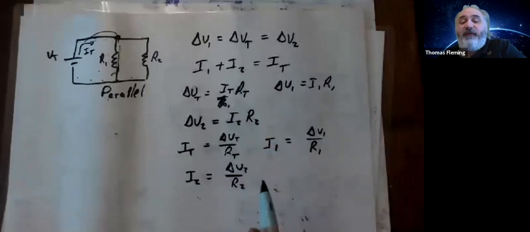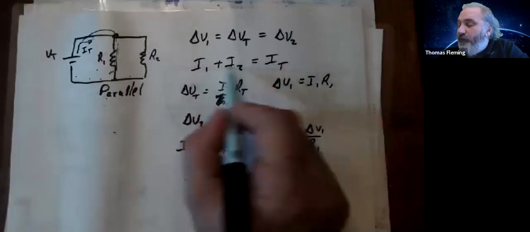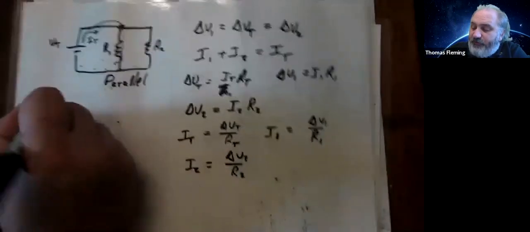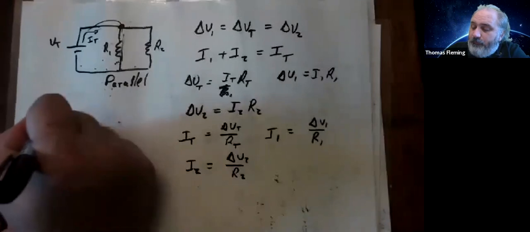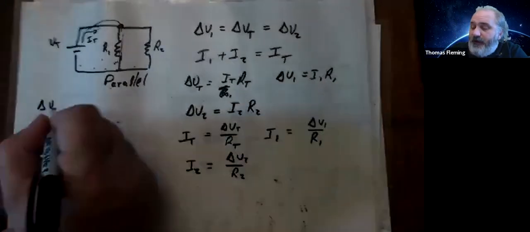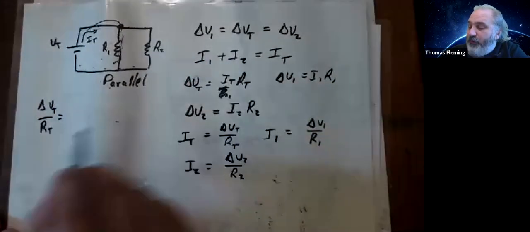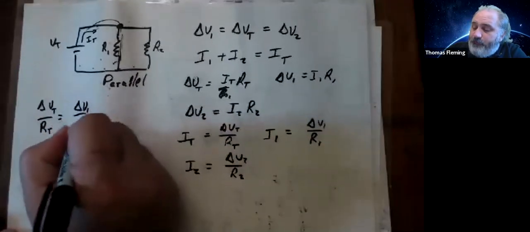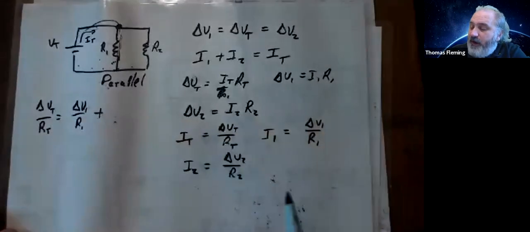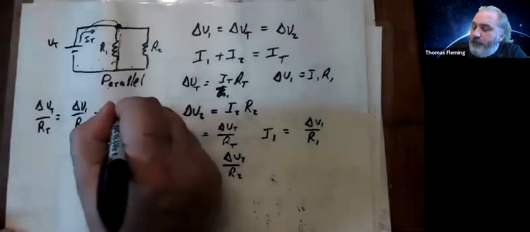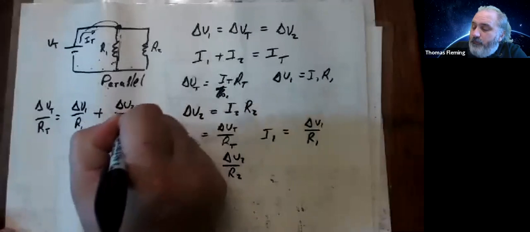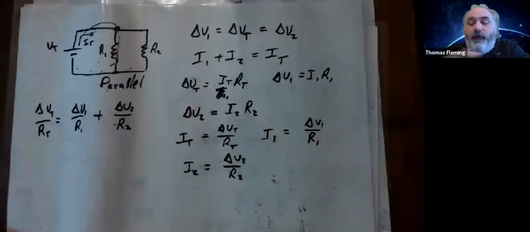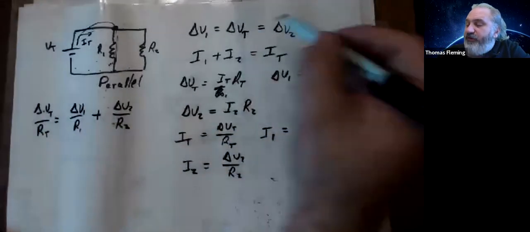And what I can then do is, since I total equals the sum of those things, I can say that I total, that's delta V total over R total, has to equal I1 plus I2. So I1 is delta V1 over R1 plus I2 is delta V2 over R2. And oh, look, all three of these V's we said were the same.